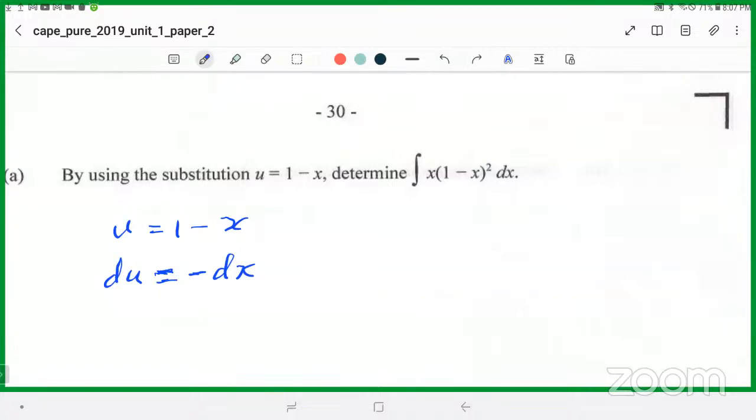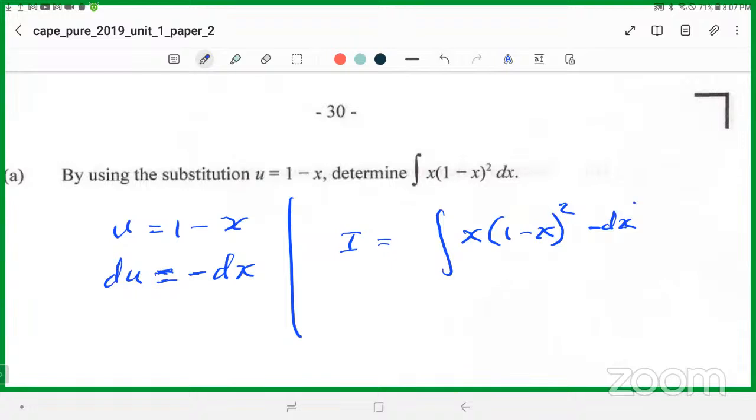So this integral, I'm going to change it and put the integral of x times (1 minus x) squared. What I'm going to do is introduce a negative on that dx, negative dx, and put a minus in front to cancel it. Right? So let me show you.